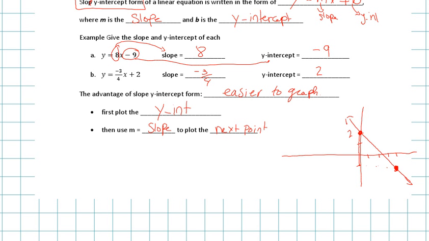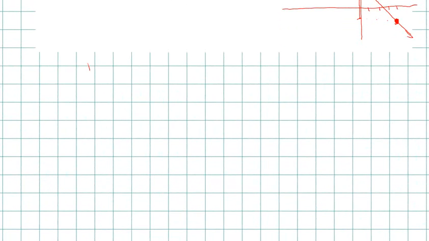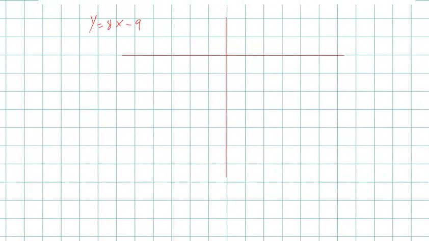Okay. Let's look at the other equation. Where's my y-intercept for this? -9. So 1, 2, 3, 4, 5, 6, 7, 8, 9.